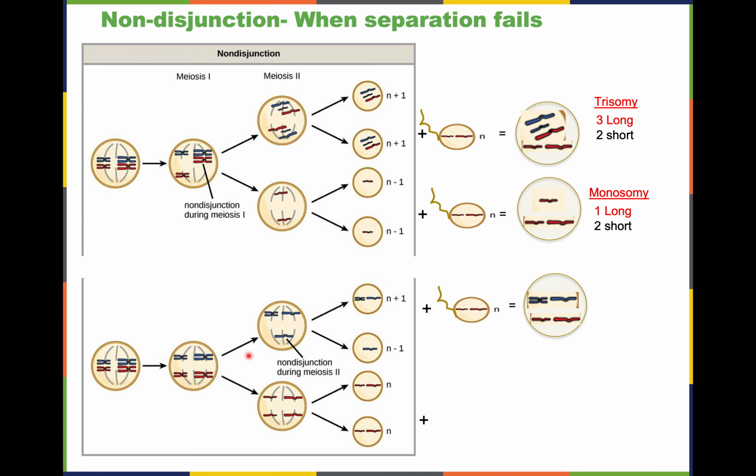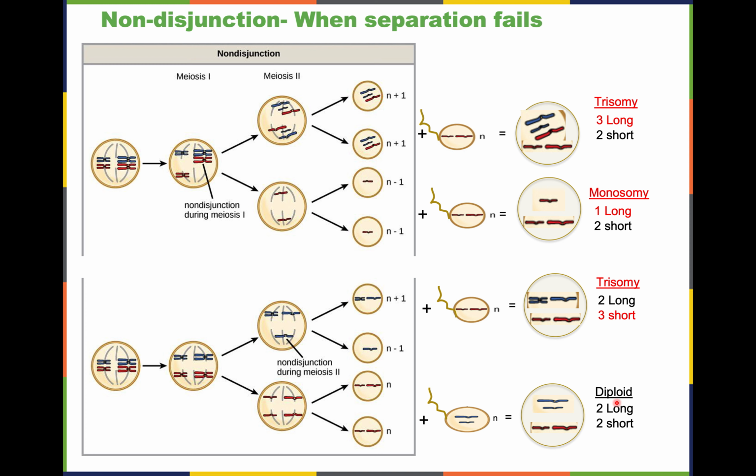On the bottom, when we are looking at non-disjunction during meiosis 2, if, again, this n+1 is fertilized by normal sperm, then we have 2 long and 3 short. Again, we have trisomy. In this case, the trisomy is with a short chromosome. And in the bottom stage, it's a normal egg fertilized by a normal sperm. So you're going to get 2 long chromosomes and 2 short chromosomes, which is a diploid.